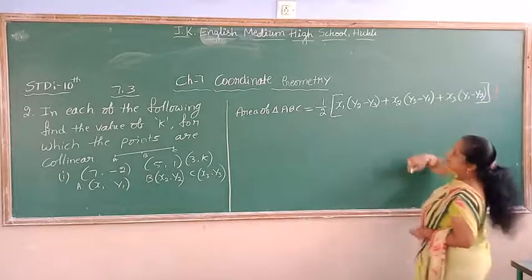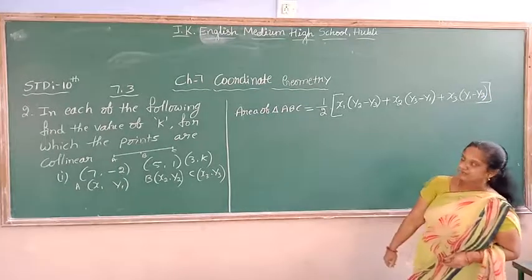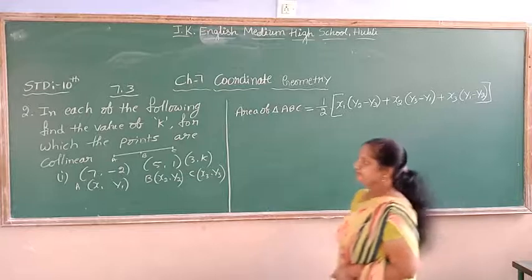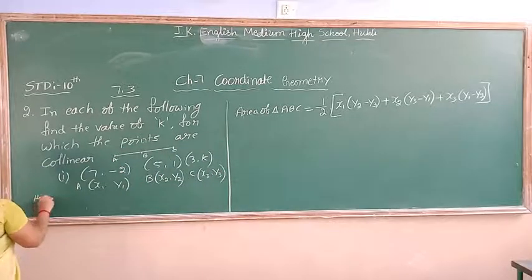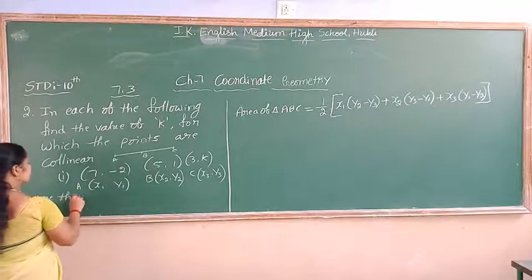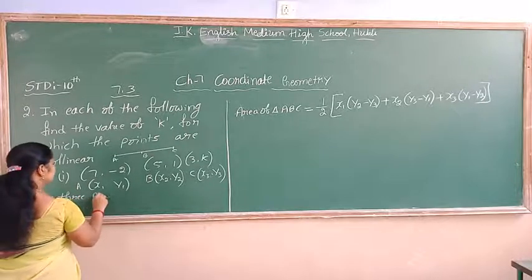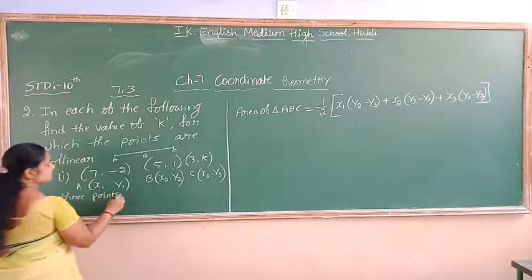This is the formula to find out the area of triangle ABC. Here the 3 points are collinear.